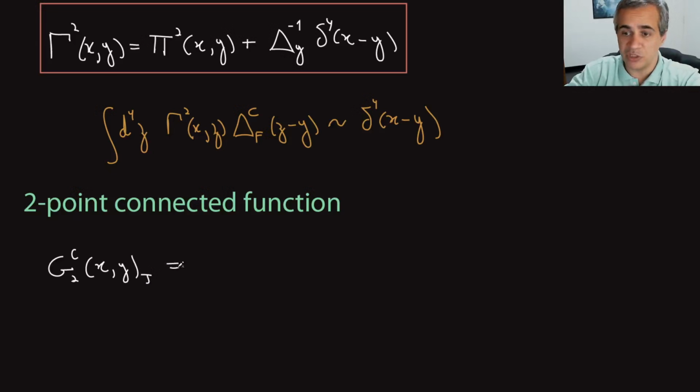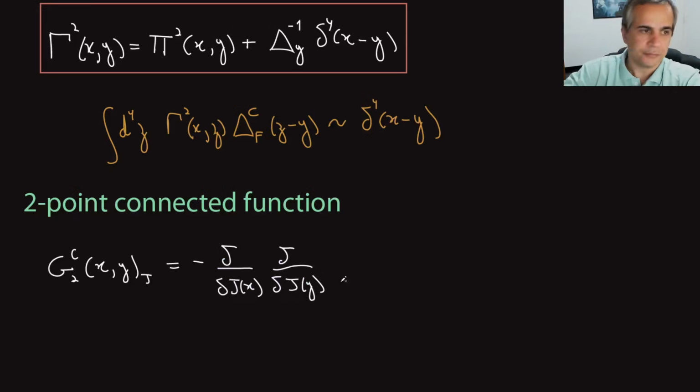We know who's the generator of the connected functions. It's W, minus W, in fact. So let's write this 2-point connected function in this way: a derivative in J_x, a derivative in J_y, and W of J. So this guy, we have already shown, should generate all the 2-point connected diagrams.